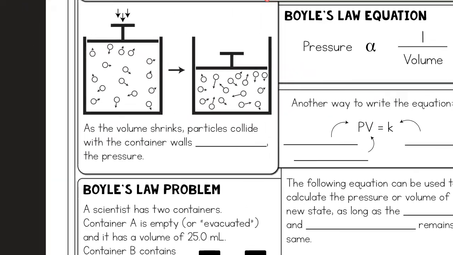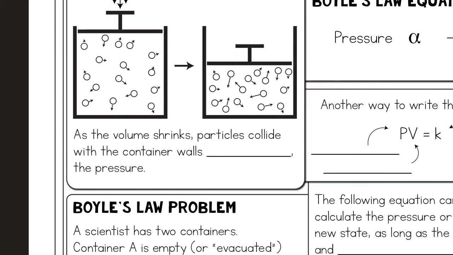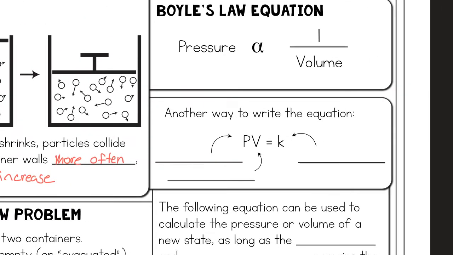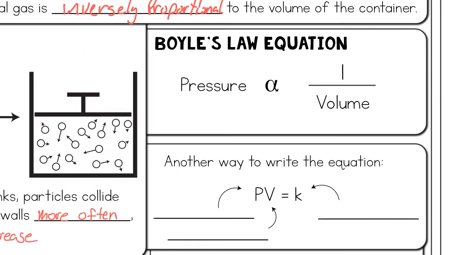So as the volume shrinks, particles collide with the container walls more often, and then the pressure will increase. As you can see, pressure is going to be inversely proportional to volume.